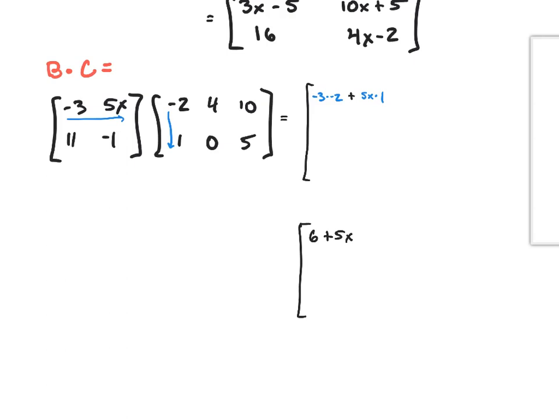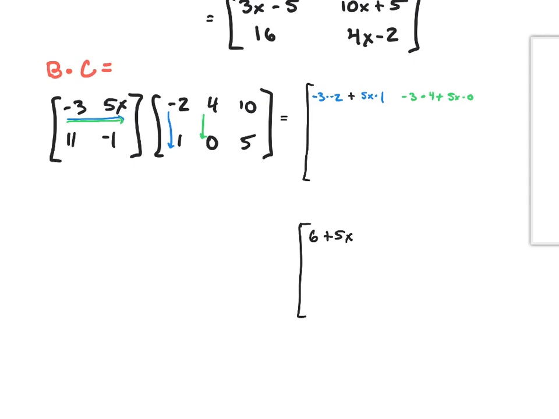And now I repeat. I'm going to move across that same first row because I need to move down my second column. So I stay in my first row up here while I move down my second column. I'm going to do that in green. So that's negative 3 times 4, and I'm going to add to that 5x times 0.